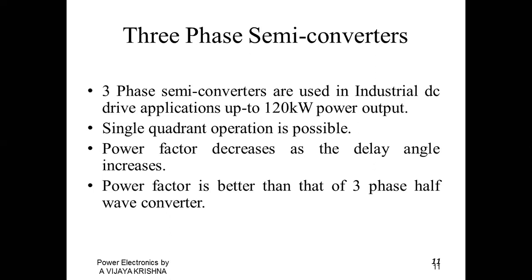With semi-converters, there is no multi-quadrant operation. Multi-quadrant operation means two-quadrant operation, four-quadrant operation. Half-wave converters or semi-converters operate only in a single quadrant.